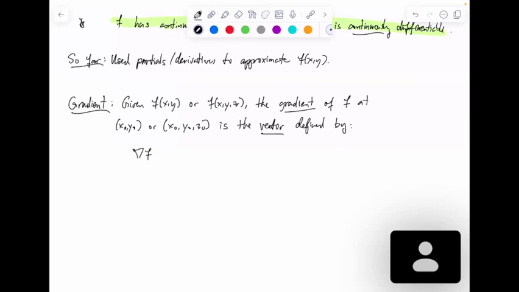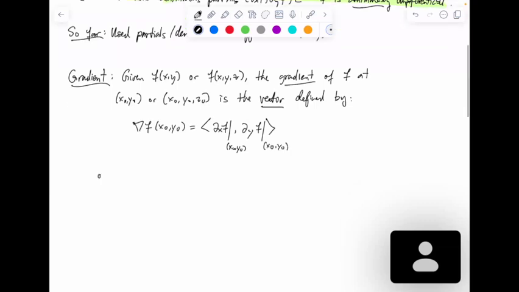All right, so it's nabla f at x naught, y naught is equal to partial x of f, partial y of f, and partial z, but that'll come later. So for two variables, you take the derivatives in each, and then you evaluate these at x naught, y naught, or you can have something similar for the three variable version, and you're going to get a three-dimensional vector.